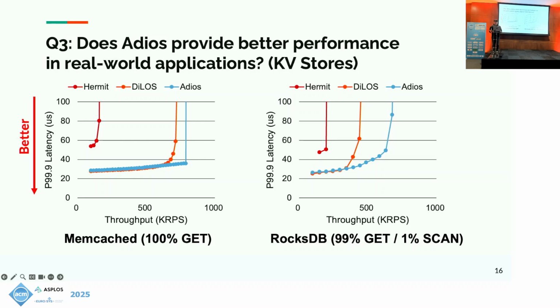In RocksDB, we observed the same performance advantage of Adios, but this time the gap between DiLOS and Adios is bigger than in memcached. In DiLOS, 1% of scan requests block processing of GET requests. On the contrary, in Adios, if scan requests access remote memory, they yield to GET requests.